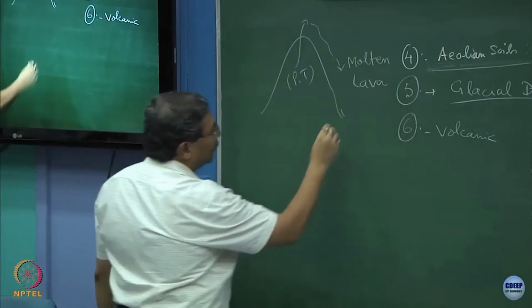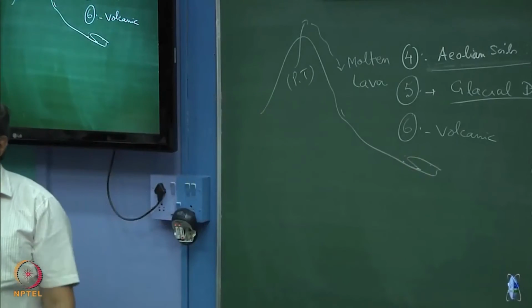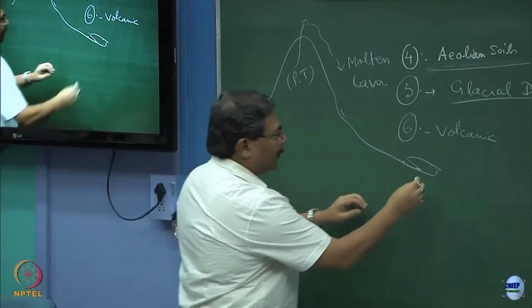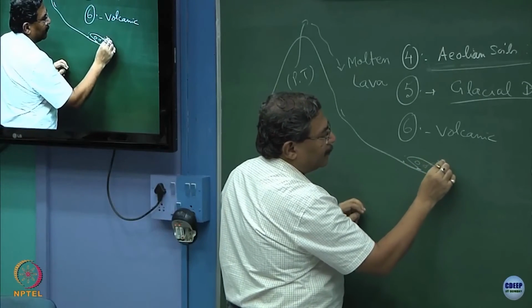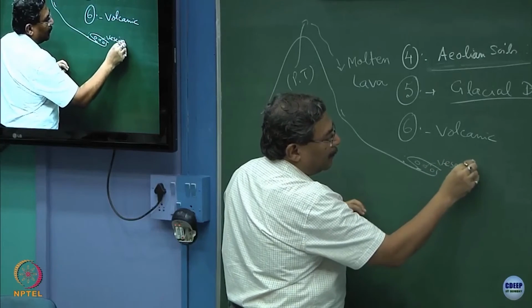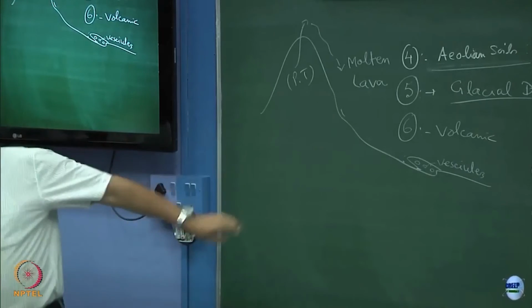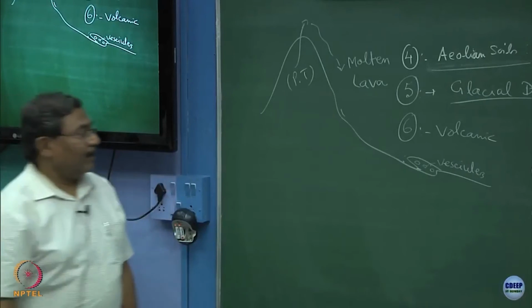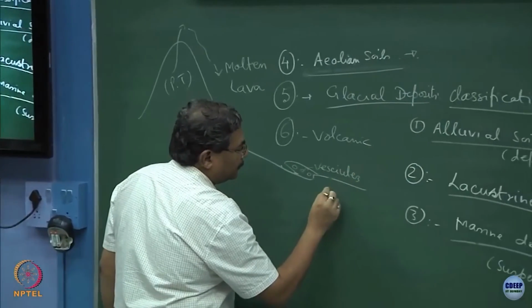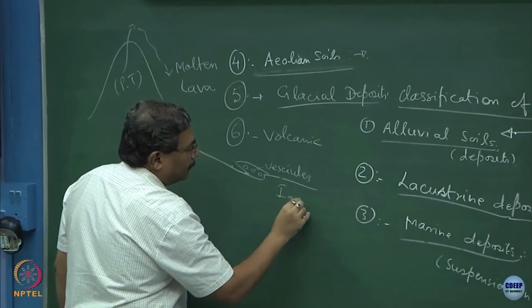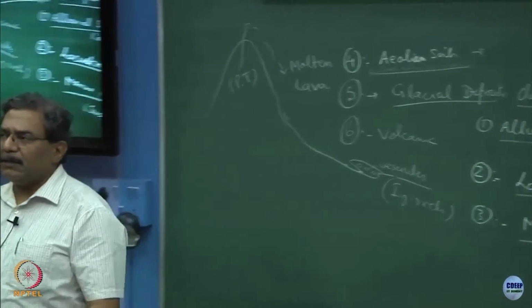This molten lava comes and settles somewhere over here and forms the igneous rocks, and many times because a lot of air or the gases get trapped in it, there are vesicles. We call them vesicular igneous rocks. This is the process of formation.